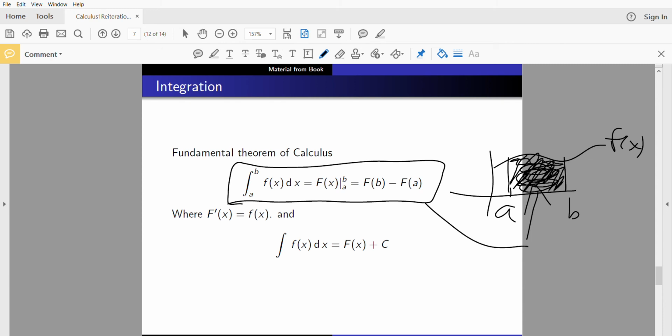And the way that this actually works, because of the fundamental theorem of calculus, is I take any antiderivative of the function f of x, plug in the top value, subtract off plugging in the bottom value, and that ends up giving me the area between the two, which is pretty cool actually. So this is pretty amazing.